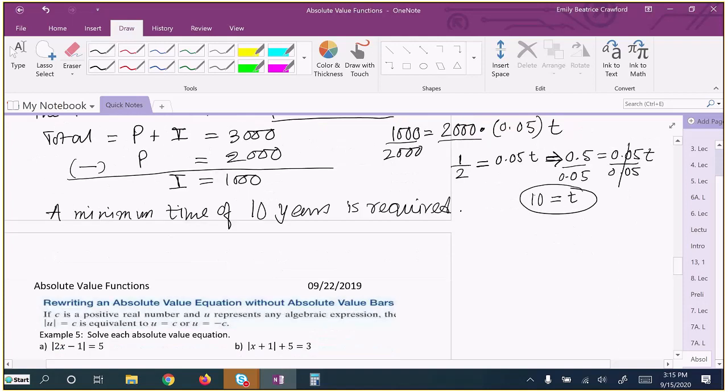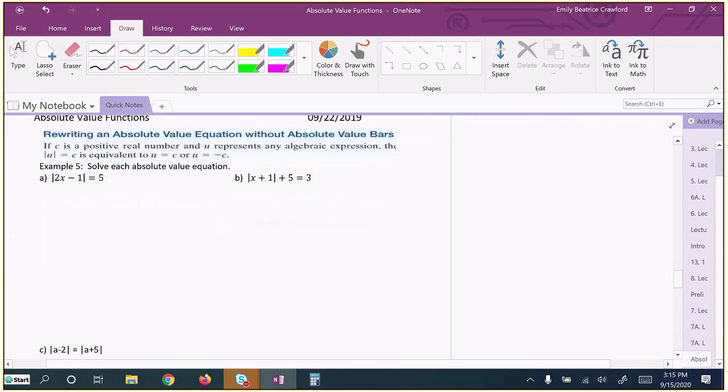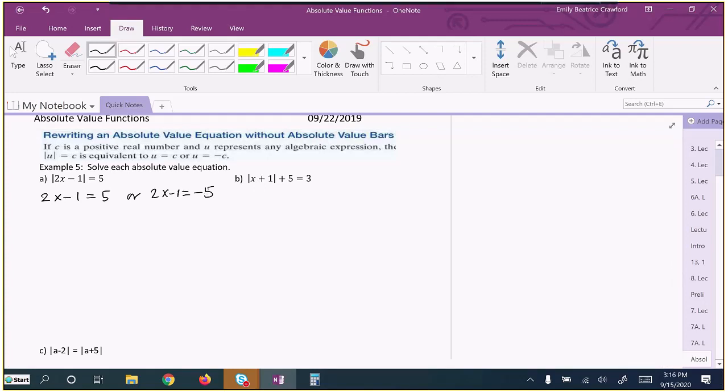Okay, so let's go ahead and start working on absolute value equations. In the first equation, we see that the absolute value on the left-hand side is by itself. So I am just going to use the twofold solution process because the constant on the right-hand side is a non-negative constant. So we will say either 2x minus 1 is 5 or 2x minus 1 is negative 5, and then start solving.